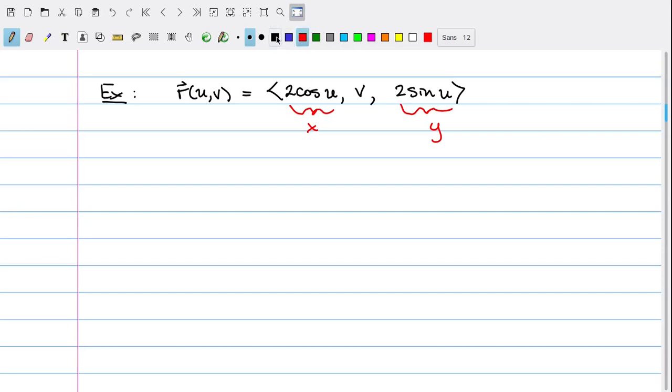And specifically, I can see right away that x squared plus y squared is always going to be equal to 4. So this is going to be a surface which lies on the cylinder in three-dimensional space, described by x squared plus y squared is equal to 4.